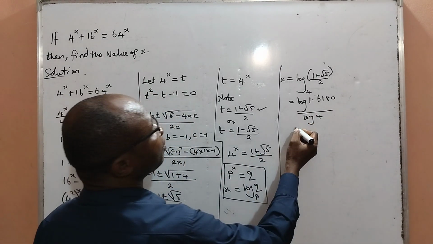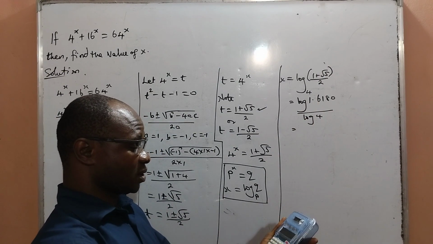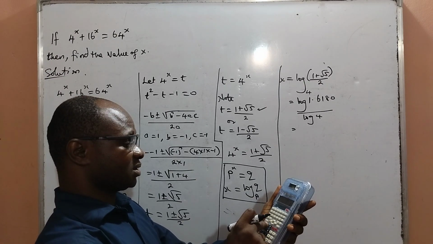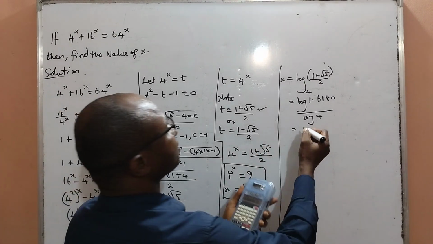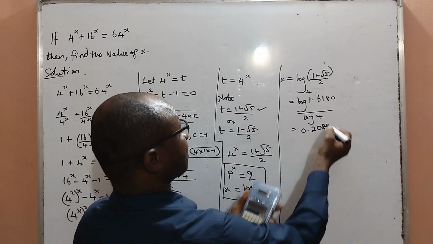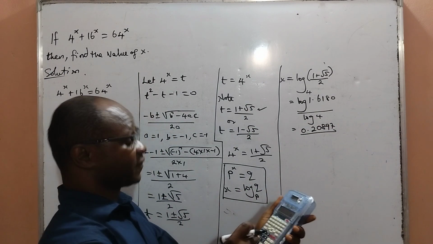Very good. If I find the log of 1.6180, it will give me 0.2089, if you like, put 897, divided by the log of 4.